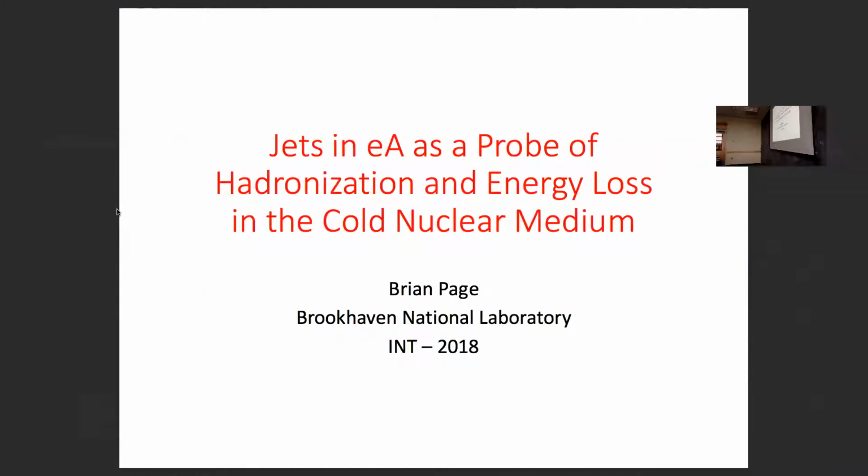Okay, well, I'll actually be talking about very little of this, mostly talking about jets and working towards using substructure as a probe of EA. But a lot of the nuclear stuff we just haven't gotten to yet. So it's more about understanding the substructure variables at an EIC.